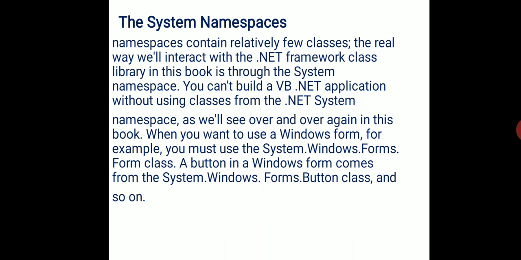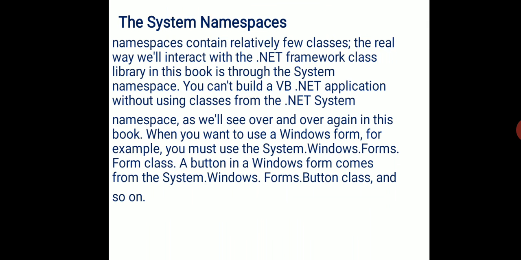Okay. So the system namespaces contain relatively few classes. The real way we will interact with the .NET framework class library in this book is through the system namespaces. You can't build a VB.NET application without using classes from the .NET system namespace. As and when you want to use a Windows form, for example, you must use the system.windows.forms.form class.